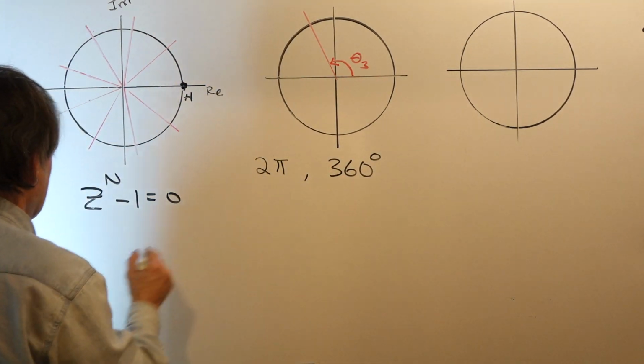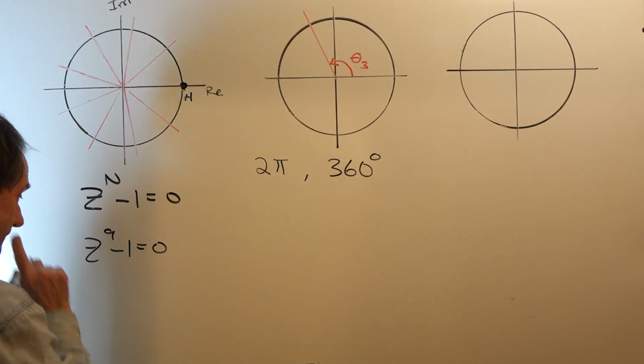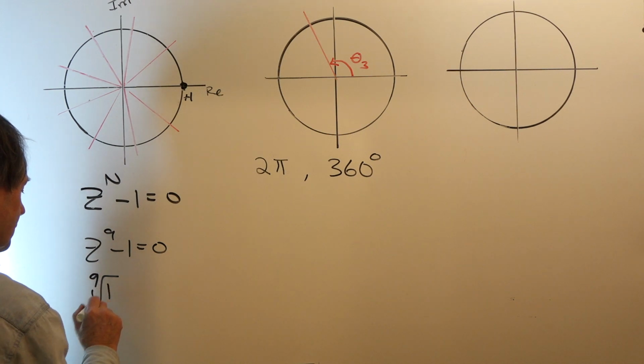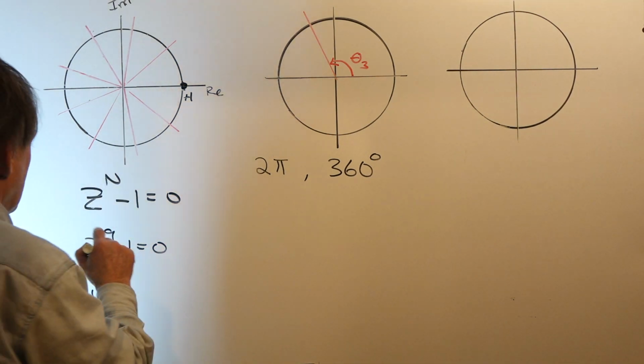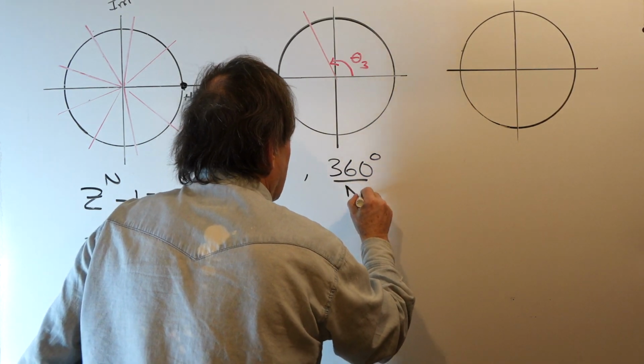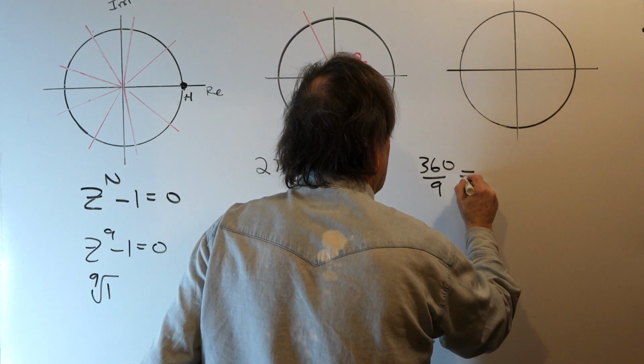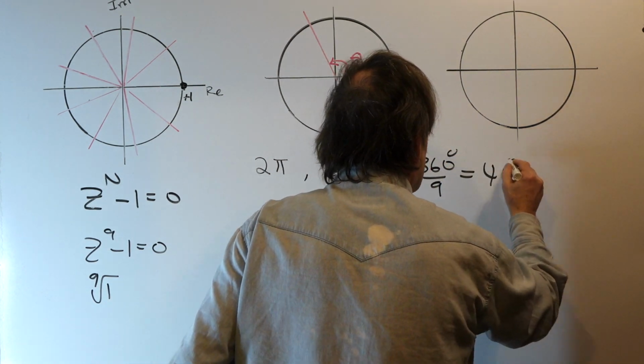And since in this case we're looking at z to the 9th minus 1, which corresponds to the 9 roots of 1, we divide 360 by n, and in this case, it's 360 divided by 9, which is 40 degrees.